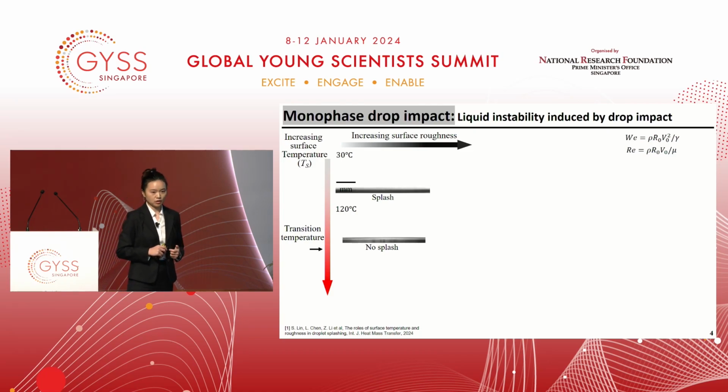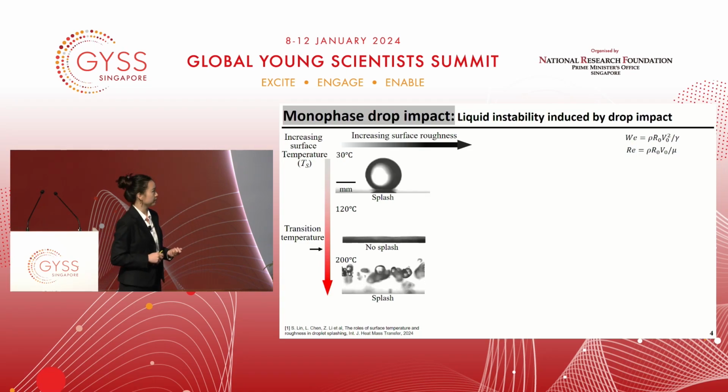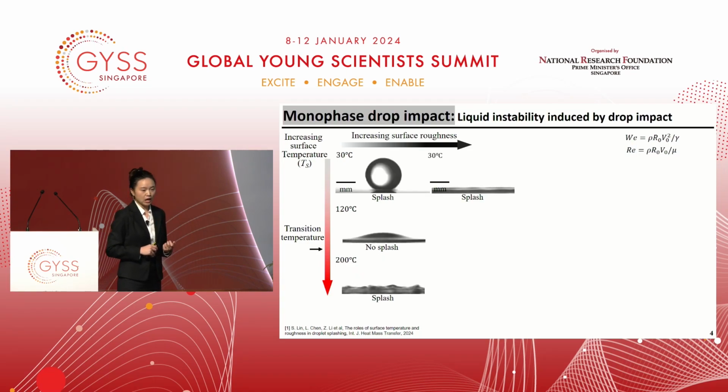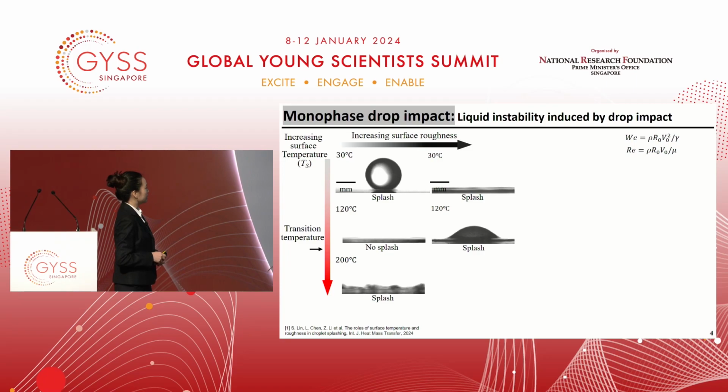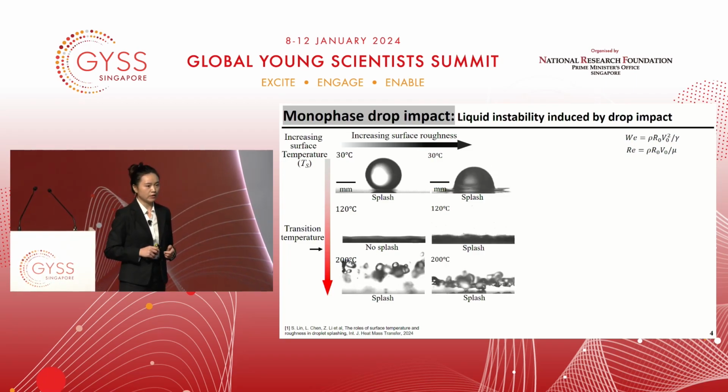By increasing the surface temperature, splash can be suppressed. However, by further increasing the surface temperature, splash occurs again. The dependence of splash occurrence on surface temperature varies with surface roughness. On rough surfaces, the splash occurrence is less dependent on surface temperature.